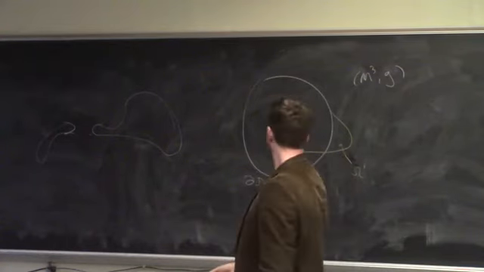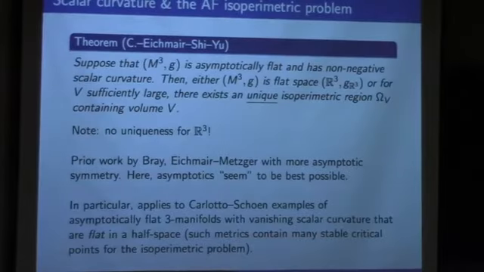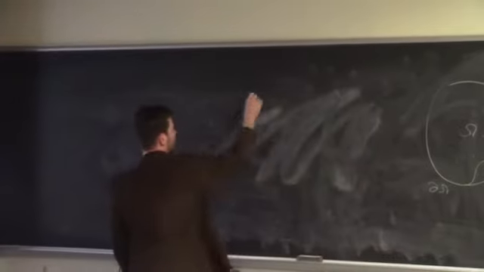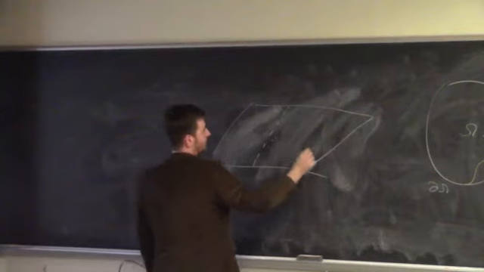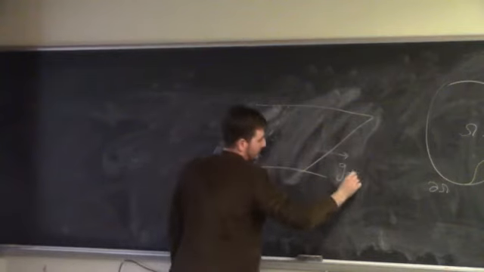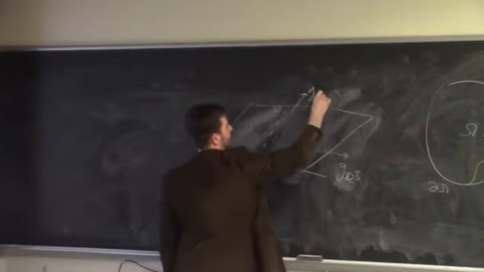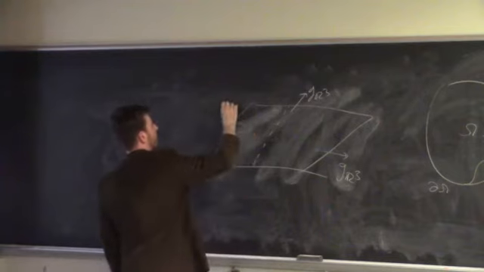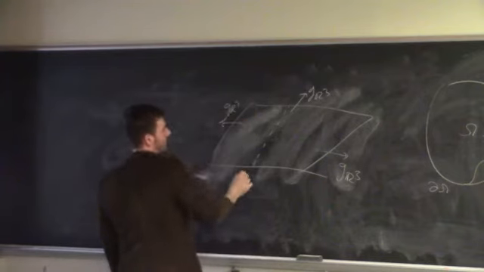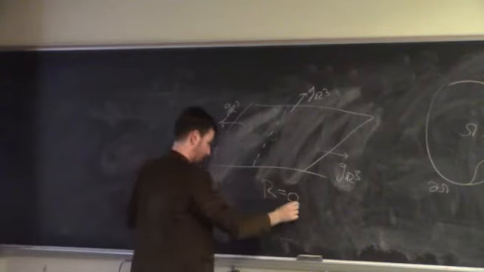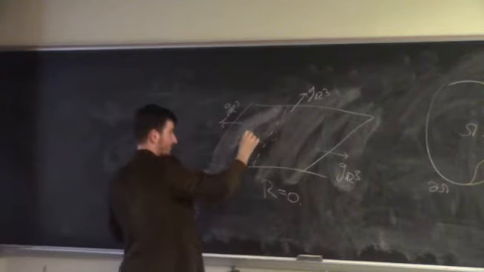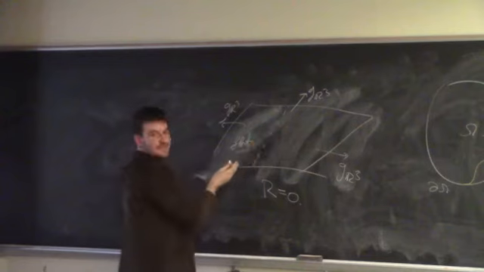In particular, a big reason for studying these more general metrics is that there are these examples by Carlotto and Schoen, where you have an asymptotically flat manifold with zero scalar curvature, but a half space is flat.